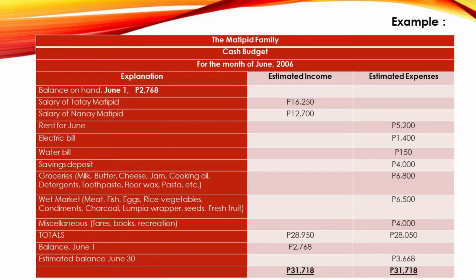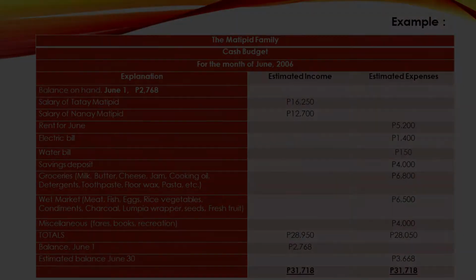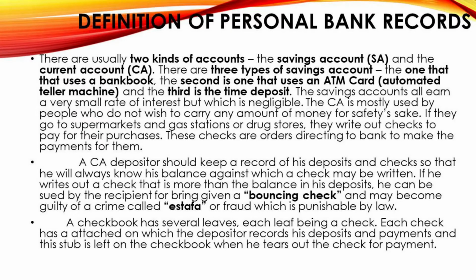Next, para po makuha natin yung ating estimated balance for June 30, ipag-subtract po natin yung ating pera na 31,718 minus sa ating estimated expenses na 28,050 pesos. Kaya ang ating estimated balance for June 30 ay 3,668 pesos.